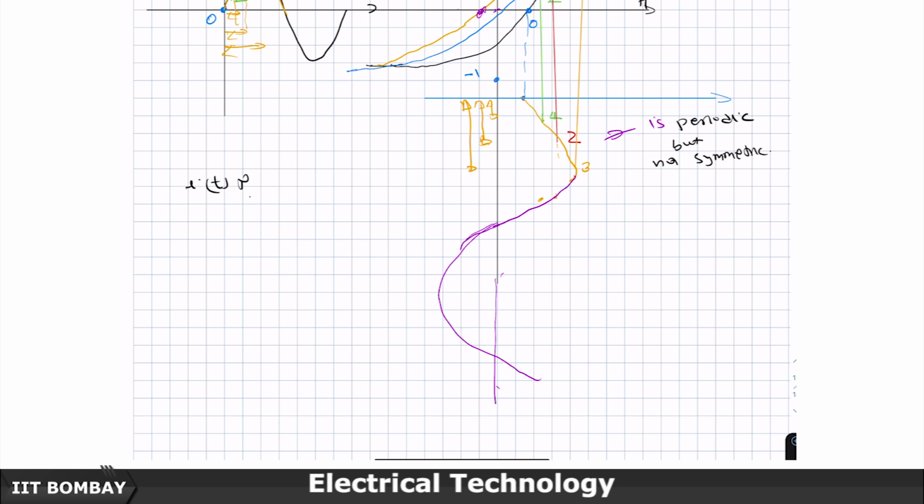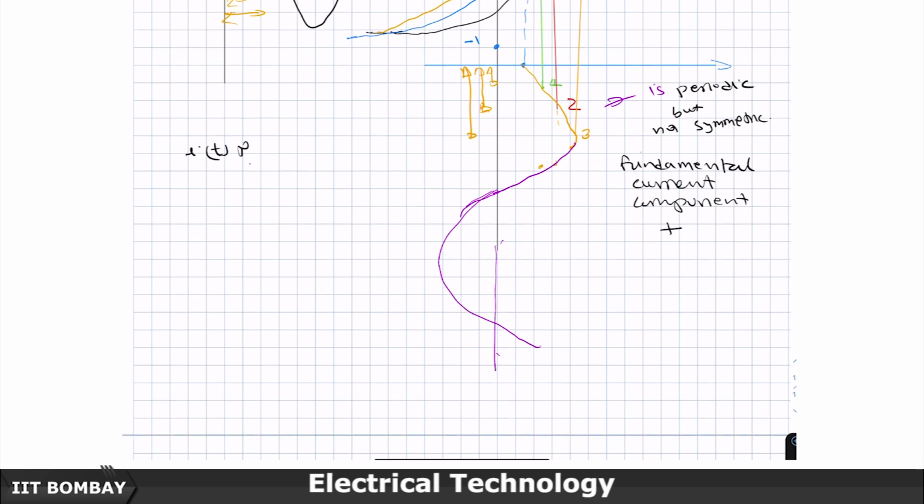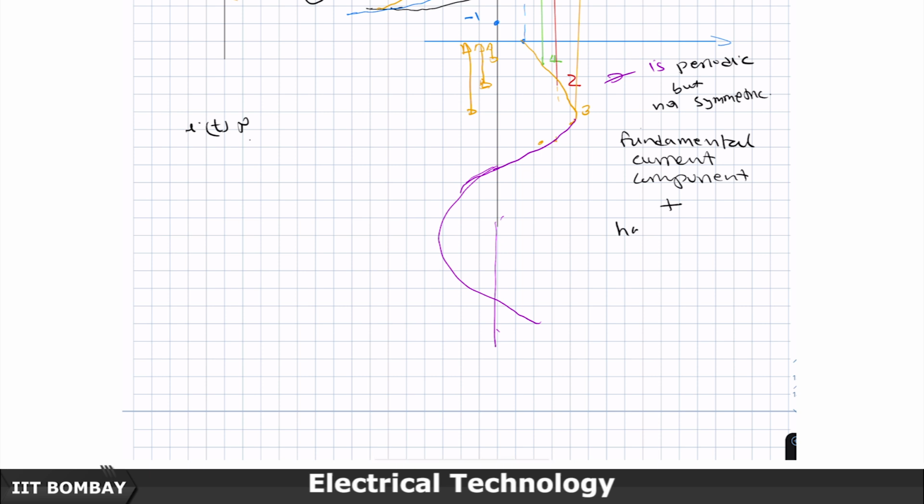If you do a harmonic analysis, a Fourier analysis, of this current waveform, it will have a fundamental current component plus harmonics.